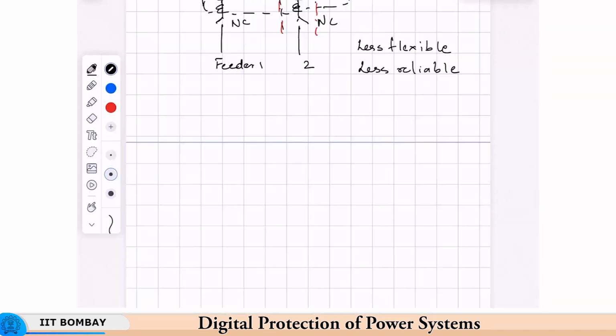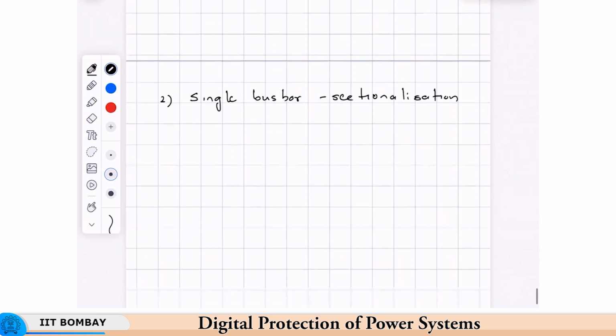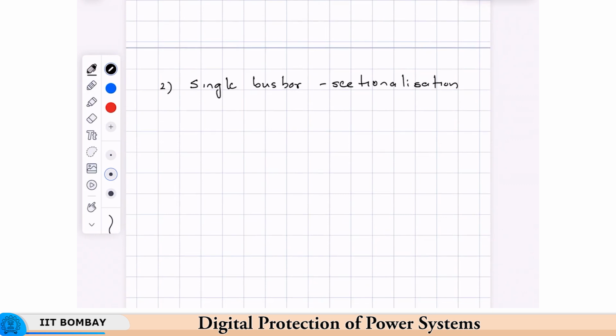The second scheme is single bus or single bus bar with sectionalization. Okay. So, what is done here is it is similar to a single bus bar, but you will have two sections of that bus bar.